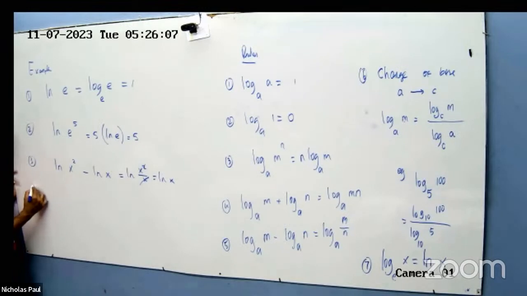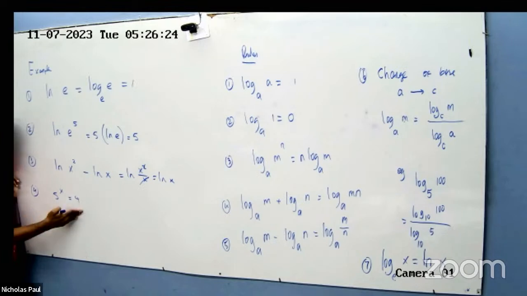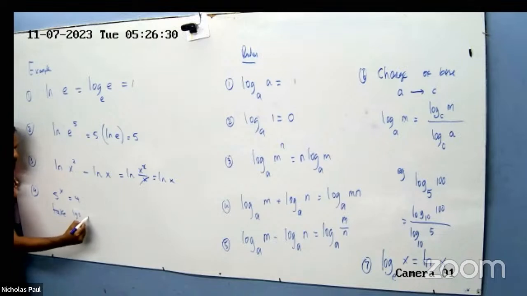What about if we have to solve something like this? 5 to the x is equal to 4. What do you do here? I'll take logs on both sides, right? The problem here is that we can't convert 4 to the base 5, nor 5 to the base 4. So what you have to do here is take logs on both sides.